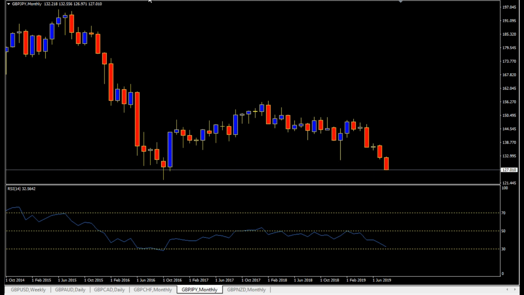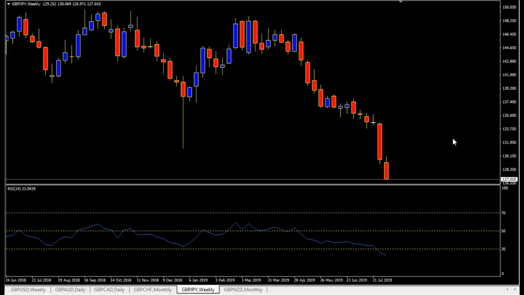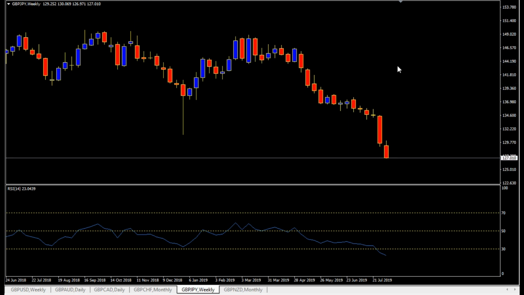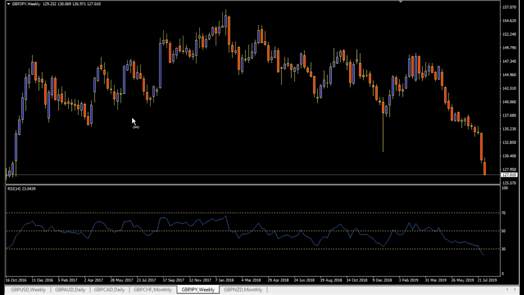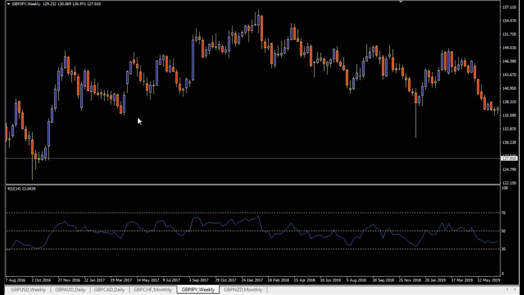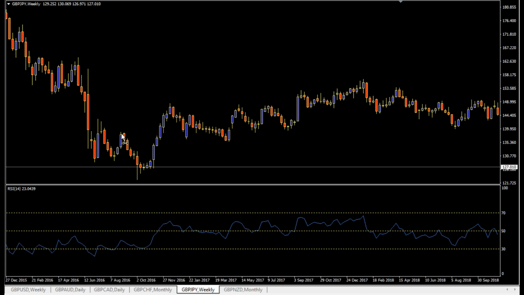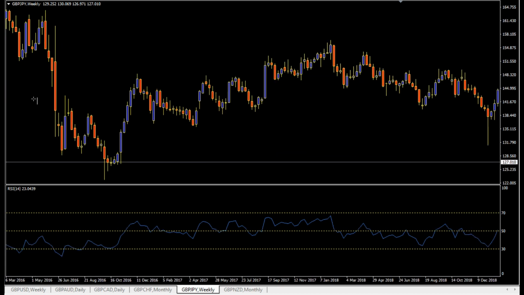Let's change it to weekly. Look here, and make it a bit smaller. Okay, what you can do, place a line here, and then you check where is the previous support.